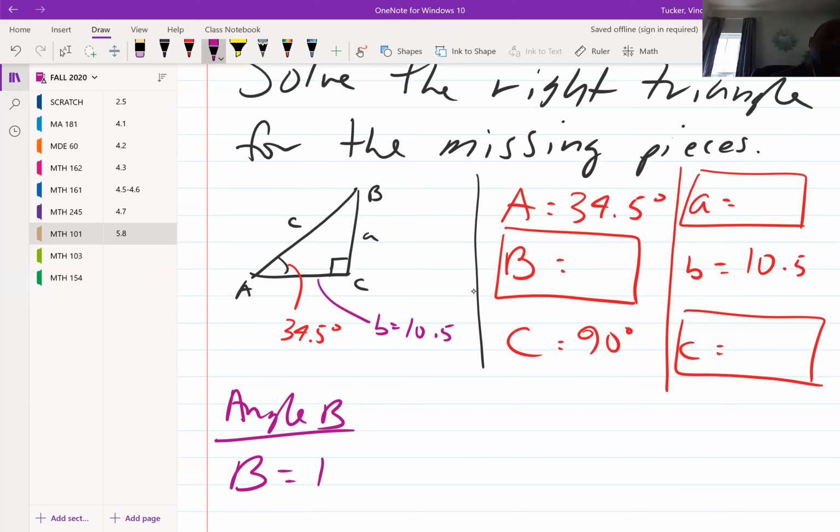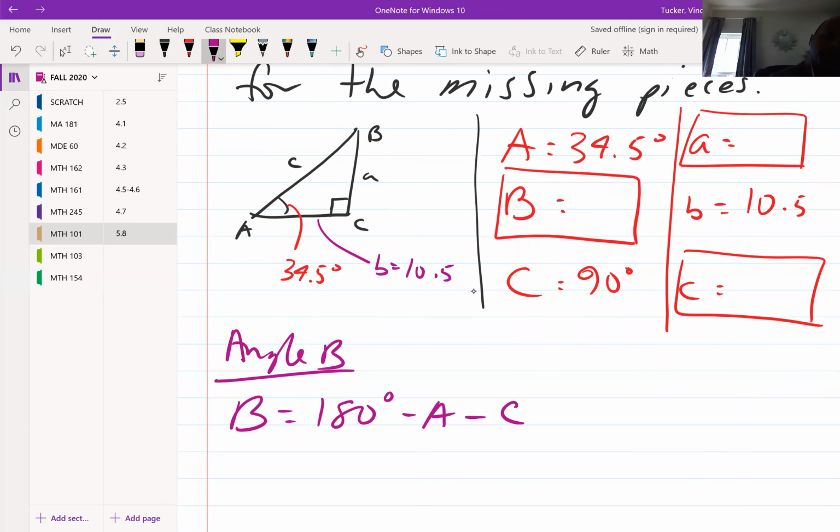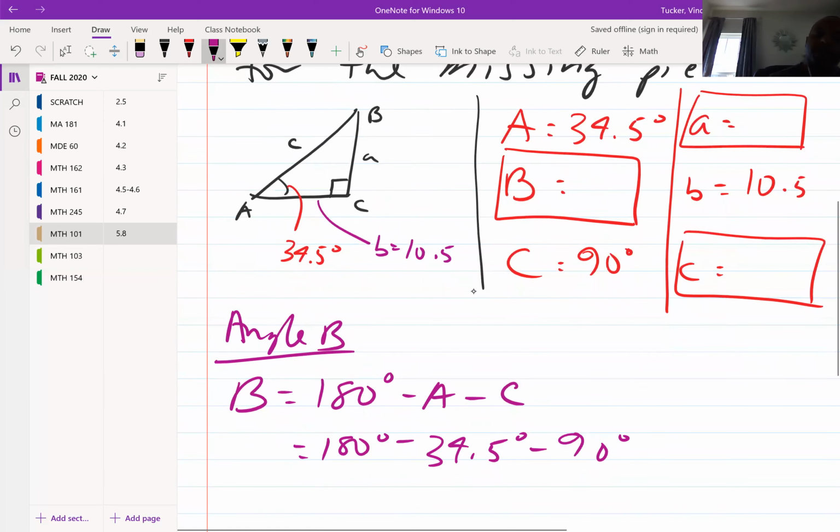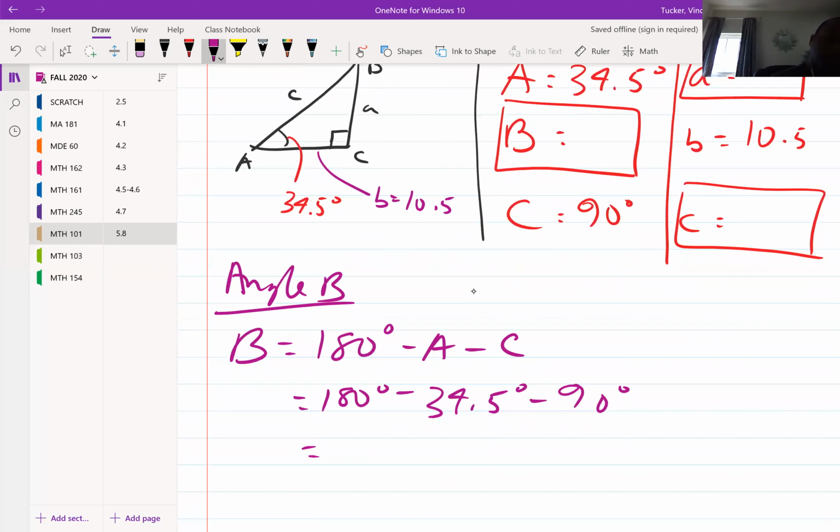So we can find B by taking 180 degrees, or well, we could have done 90 from there anyway, 180 degrees minus A and minus C. So that'd be 55.5 degrees. Any problems with angle B?